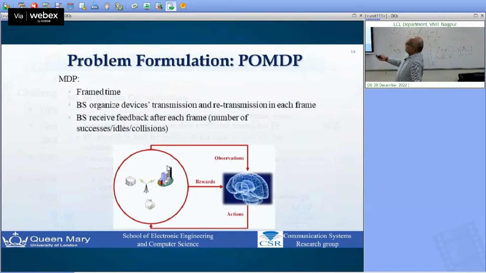the base station organizes the transmission and retransmission, and the base station receives the feedback. In one time frame, at the beginning, the base station selects these 13 parameters. At the end, it will receive the feedback.